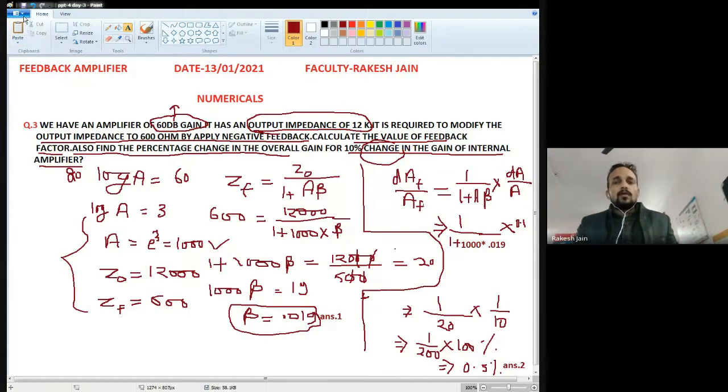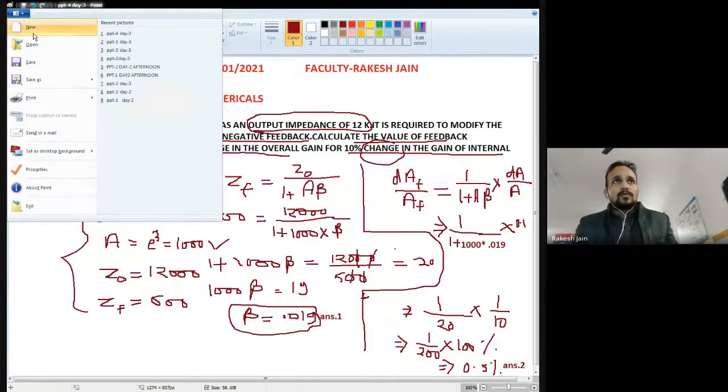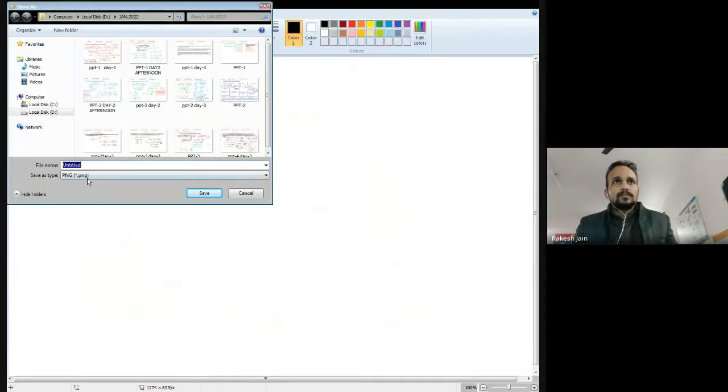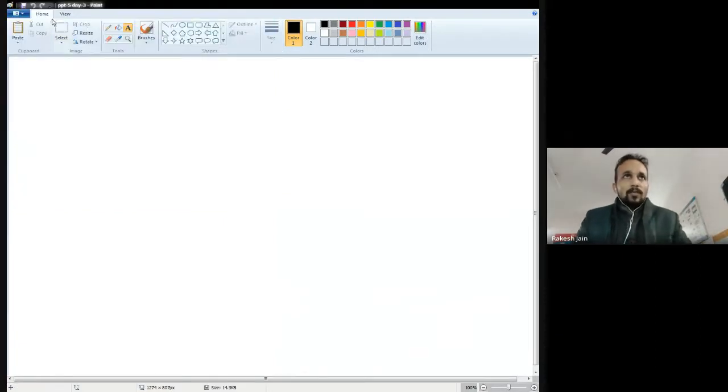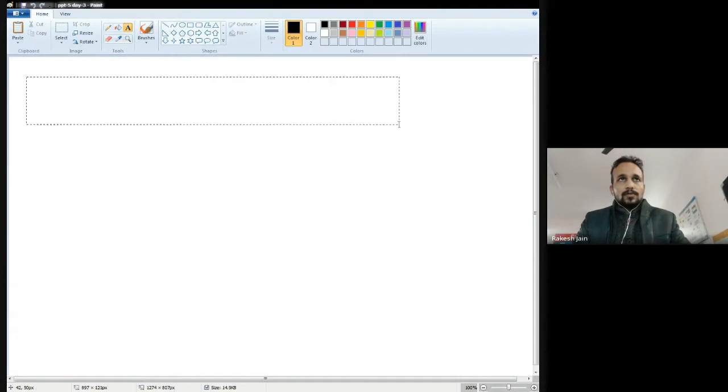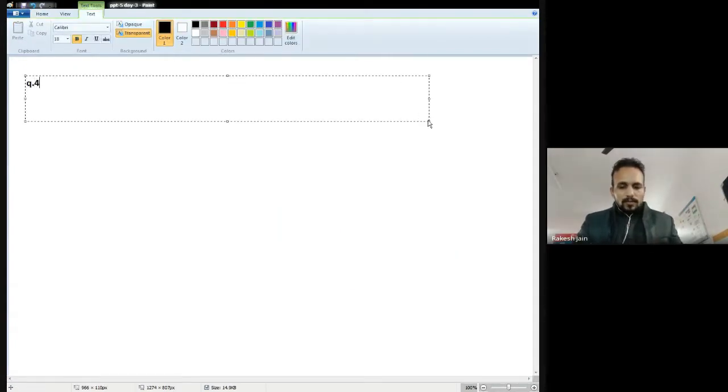Okay. Now we just use a new slide. From a book, I'm going to show you this question. An amplifier having a 60 dB gain with feedback factor beta equal to 0.005.